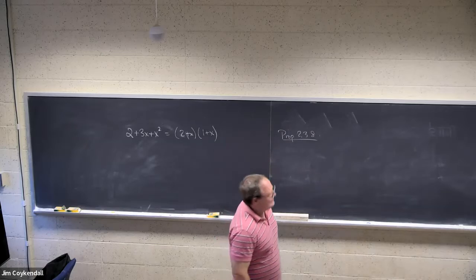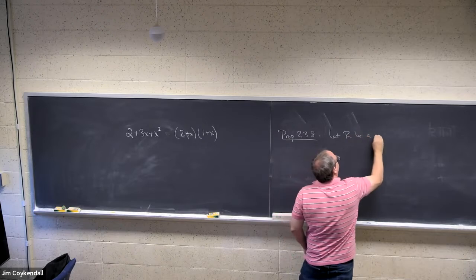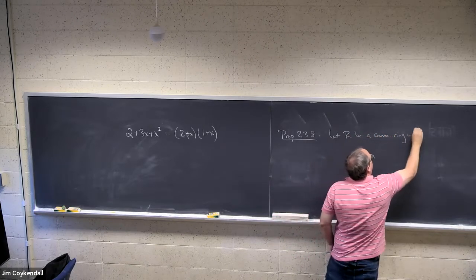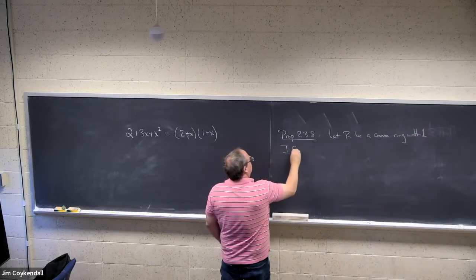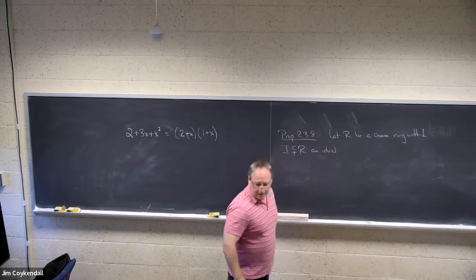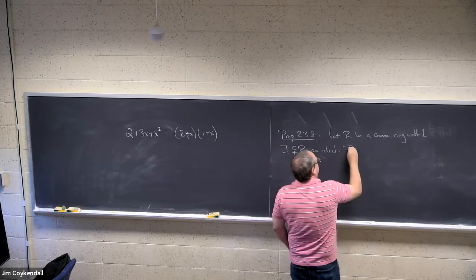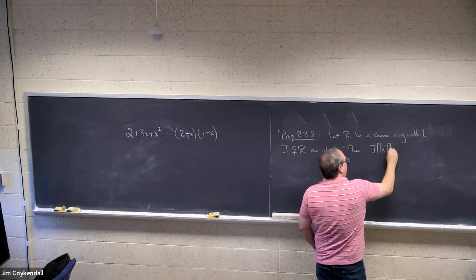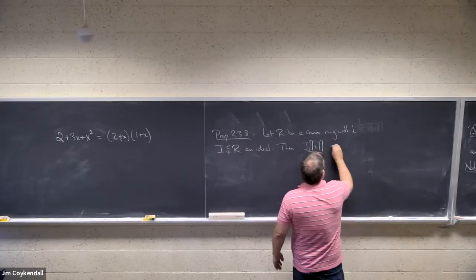Let I be an ideal. Then I[[x]] I define analogously to the way I did it for polynomials.